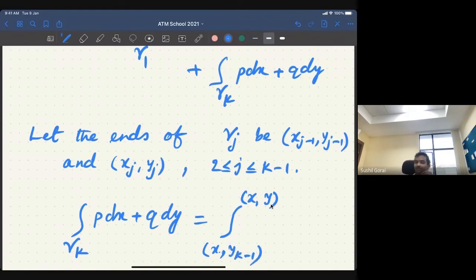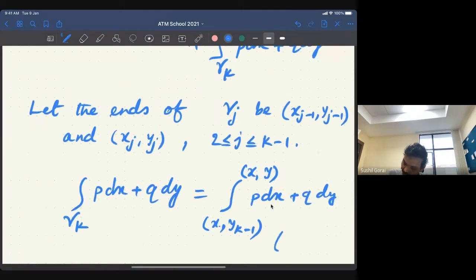So this would be vertical. So note x_{k-1} will be x here, since this gamma k is vertical.